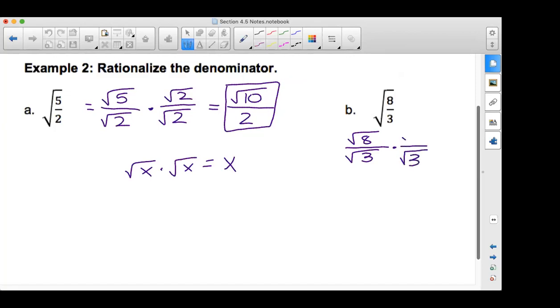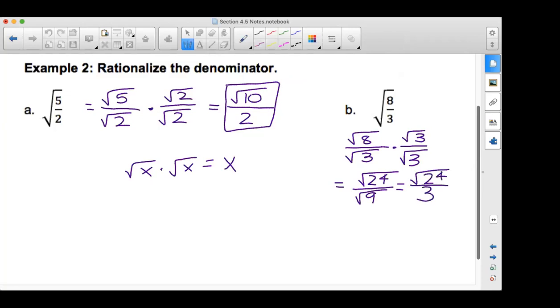Yes, we're multiplying both the top and bottom by that root 3. And then what did you get? I got root 24 over root 3. Can we keep going? Root 24 over 3.